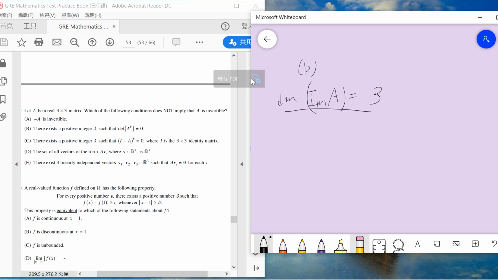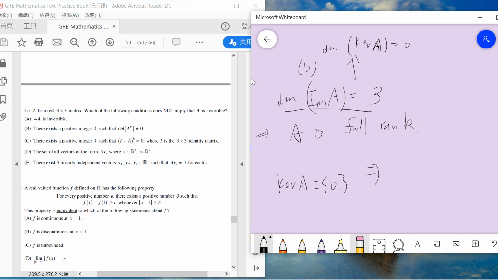So basically, the dimension of the image of A is 3, which tells you that A is full rank. Or you can use the dimension theorem: the dimension of the kernel of A is 0, so the kernel of A only contains 0. Then AX equals 0 only has the solution X equals 0, and this tells you that A is invertible. So this is correct. And that's E.